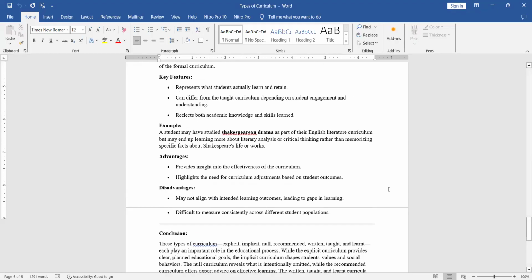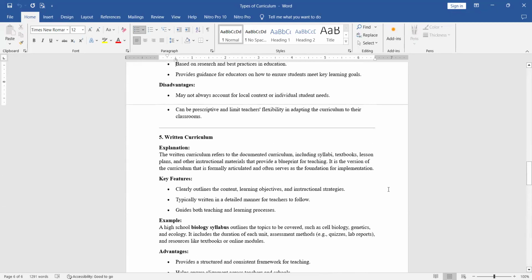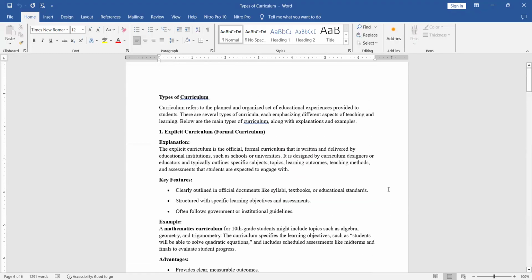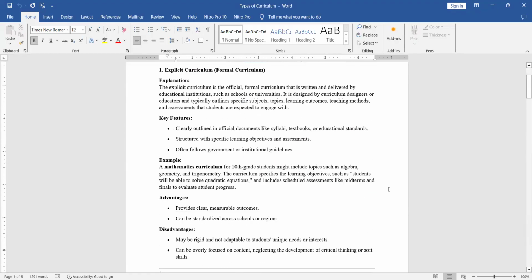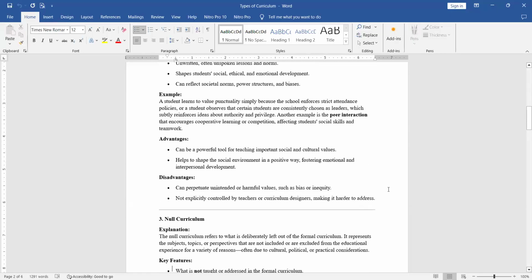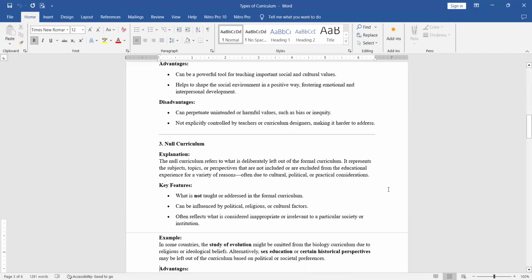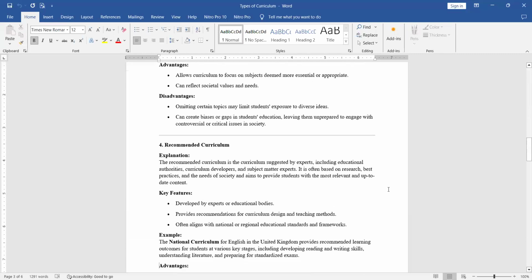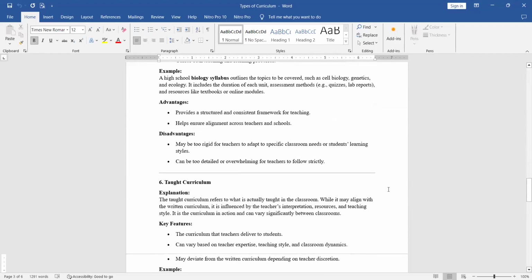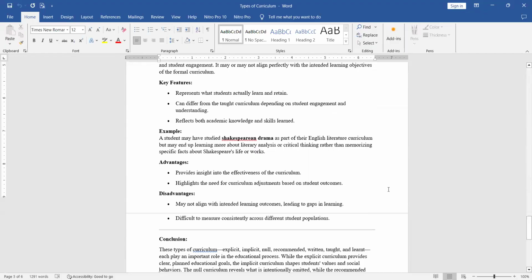So this is what we can discuss under types of curriculum. We discussed written or explicit curriculum, then implicit or hidden curriculum, null curriculum, recommended curriculum, and then taught curriculum and learned curriculum.